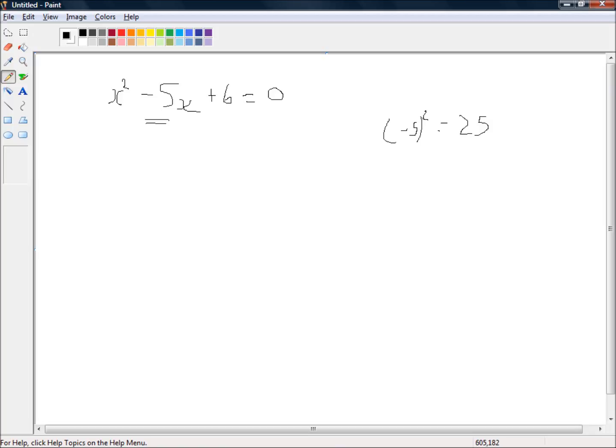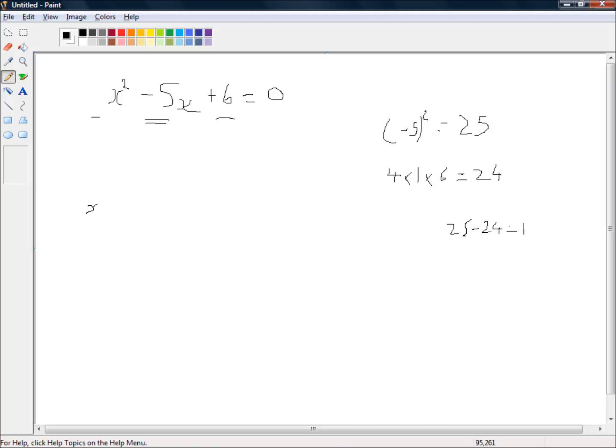Now we've got our 4ac, so that's 4 times, there's nothing in front of the x squared term, so that's 1, times, and then this is +6. So that's 4 times 1 is 4, 4 times 6 is 24. And 25 minus 24 is 1. So we know we're looking for two solutions.